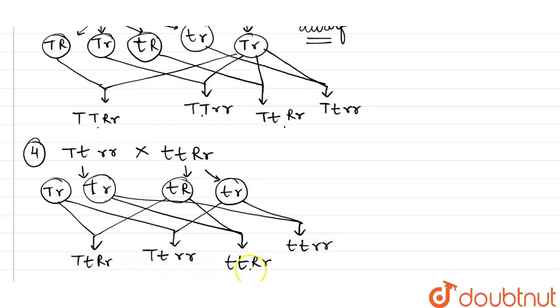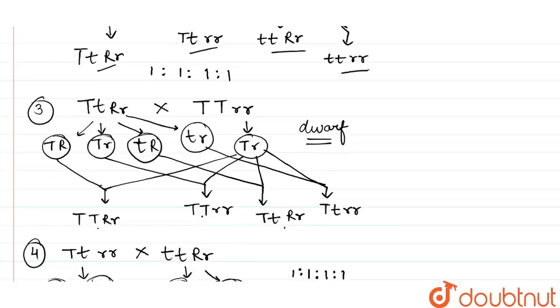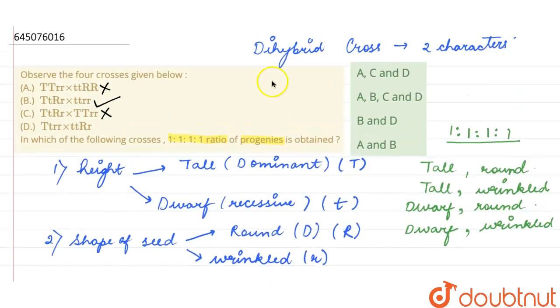So again, all four phenotypes are shown here: tall and round, tall and wrinkled, dwarf and round, and dwarf and wrinkled. So here also the ratio will be 1:1:1:1. So our second and fourth, that is B and D, both are showing a 1:1:1:1 ratio in the progeny. So our correct answer will be option 3.